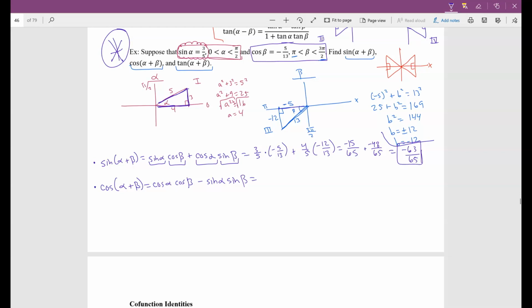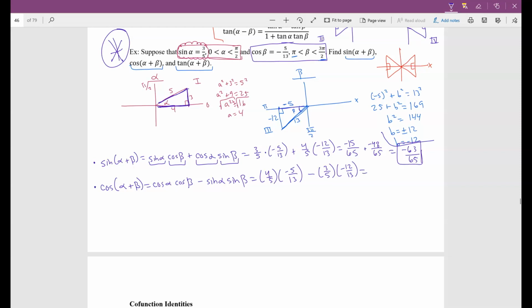Cosine of alpha is just going to be this 4 over 5. Cosine of beta is going to be this negative 5 over 13. Minus sine of alpha is going to be 3/5. And then sine of beta is going to be negative 12 over 13.